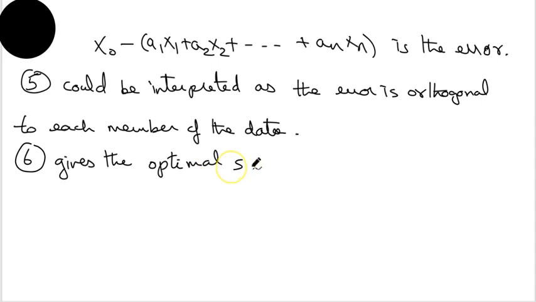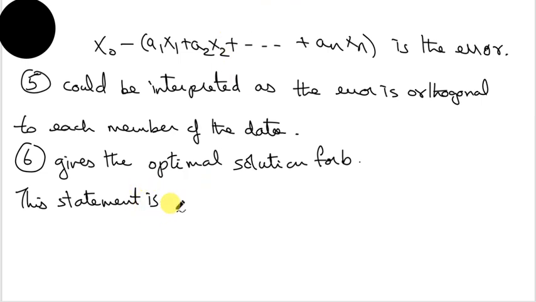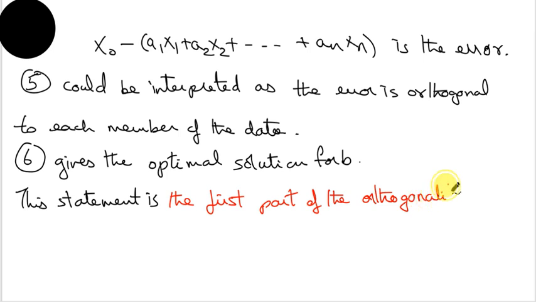This statement is the first part of the orthogonality principle for minimum mean square error linear estimation.